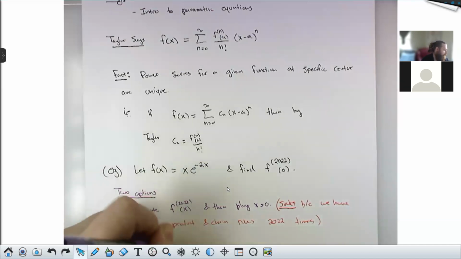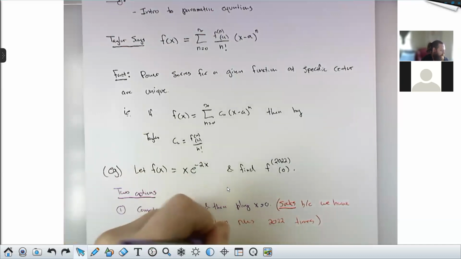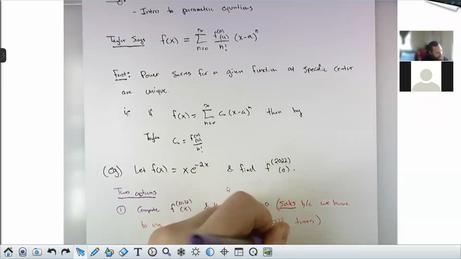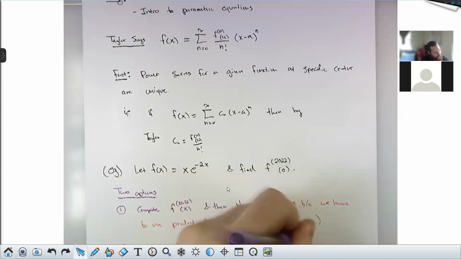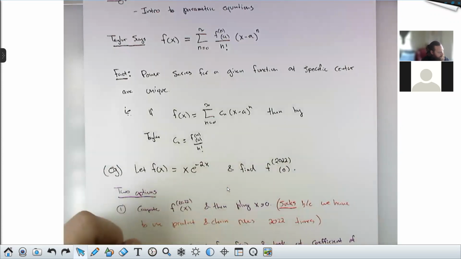find the power series for f of x, and then look at the coefficient of x to the 2022.